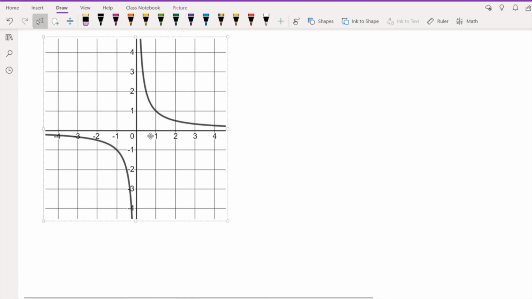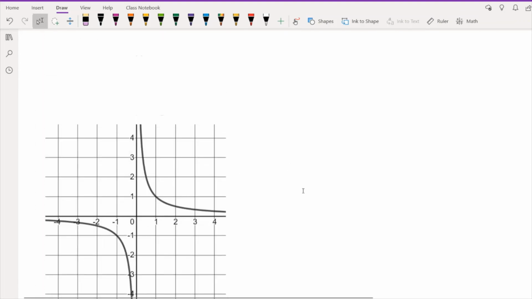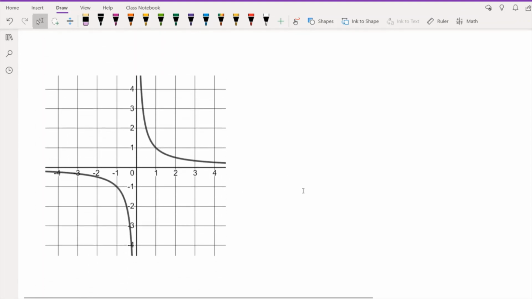Okay, let's do another example. It's going to be very similar, but with slightly less friendly numbers. Our function is 1 over x.